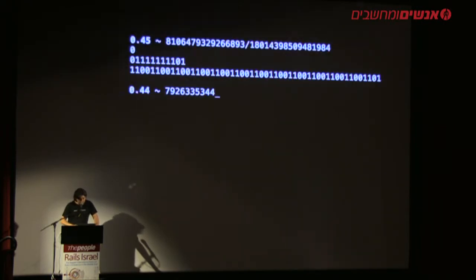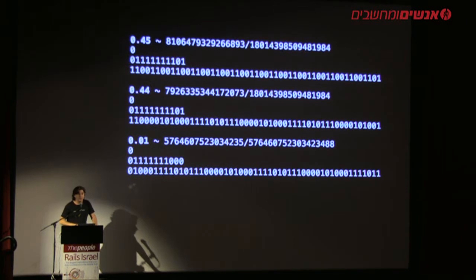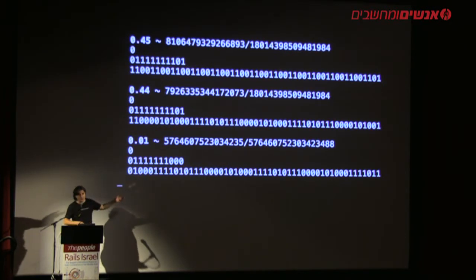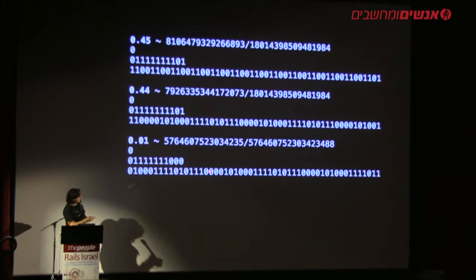So the thing is that this is the internal representation of those numbers. In this slide we have the number, and this is sign, exponent, and mantissa. Same here. I dumped this with a little C program to actually dump all the bytes of the double. And then I computed what this actually means and represented it as a fraction.